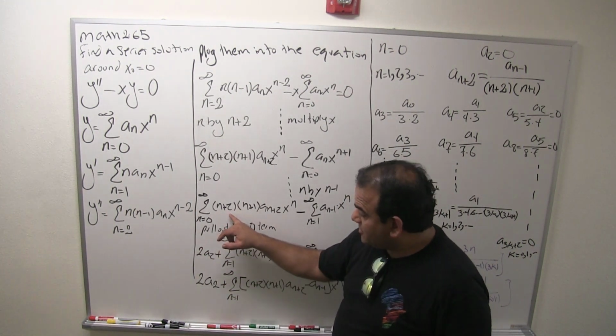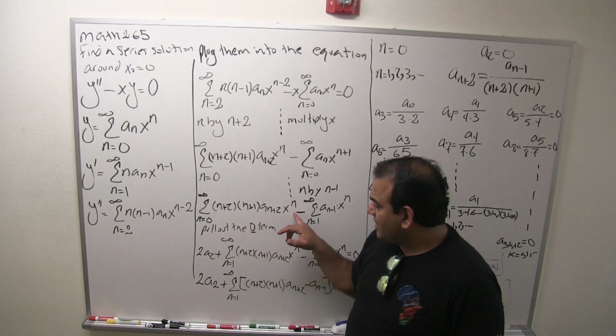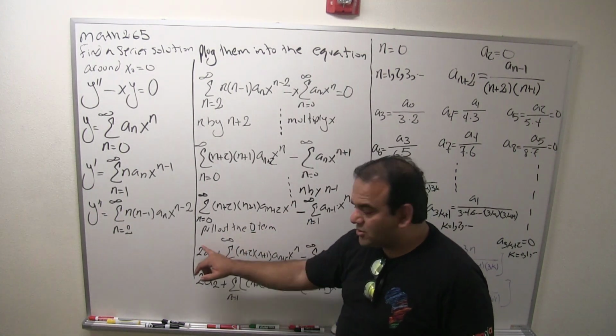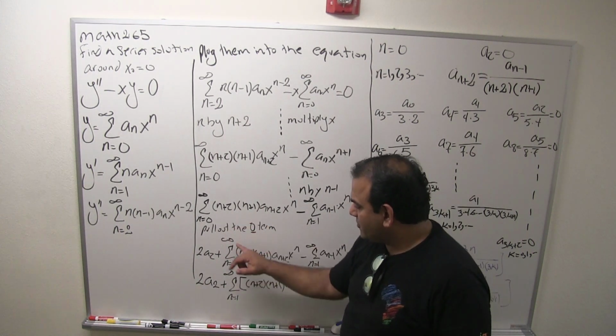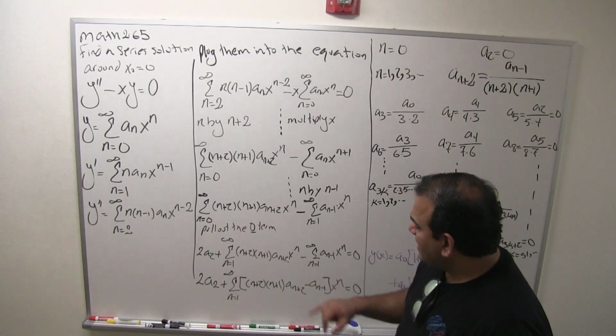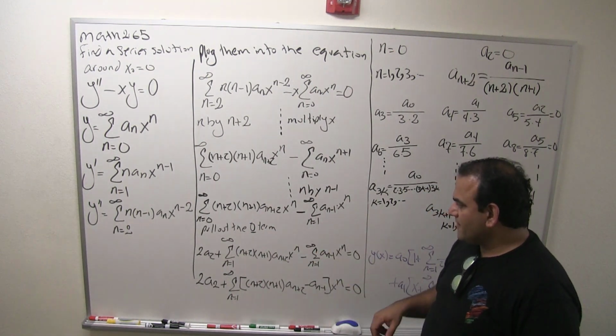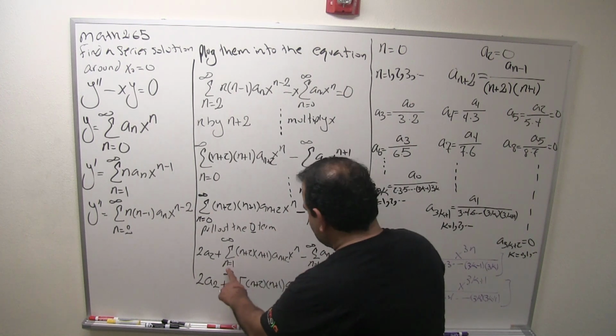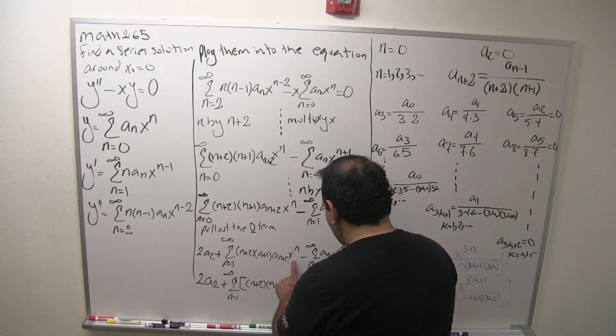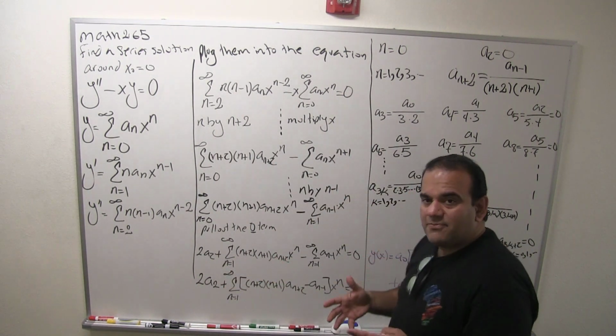We plug in 0, we get 2 times 1 times a sub 2, x to the power of 0, which is 1, so we get 2a2. And then what we have left from the series is the sum from 1 to infinity of n plus 2 times n plus 1, a sub n plus 2, x to the power of n, and we leave the second one as it is. Now we have the same indexes and the same power, so it's like adding polynomials.